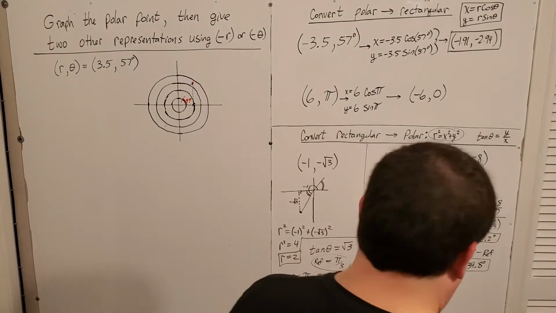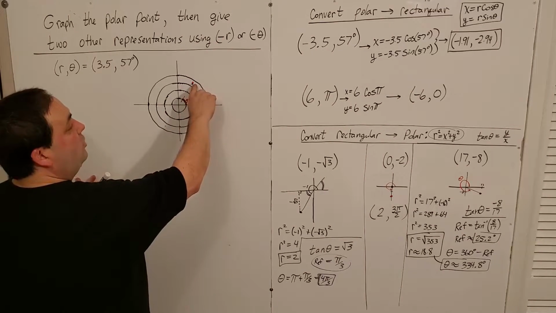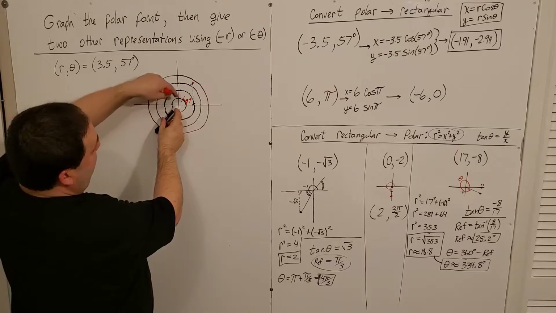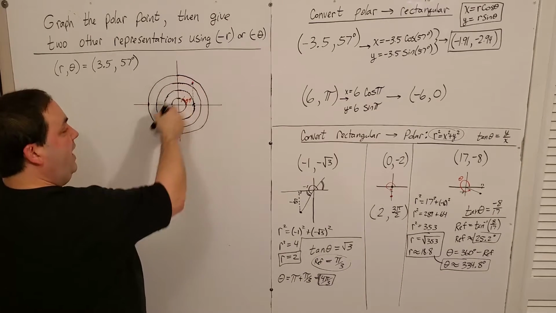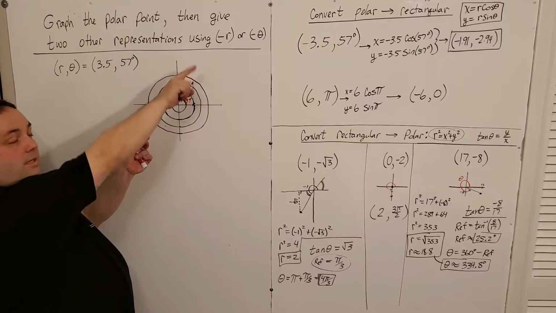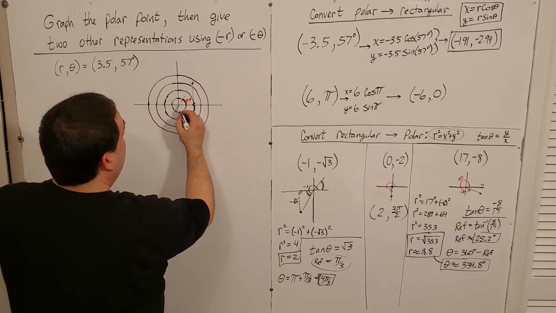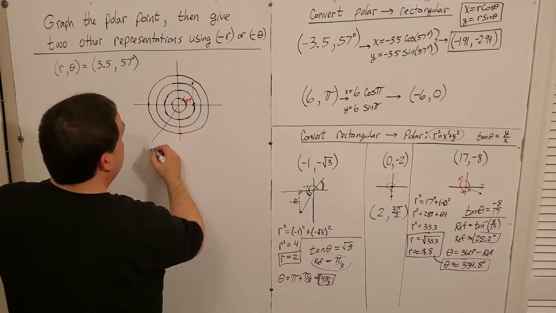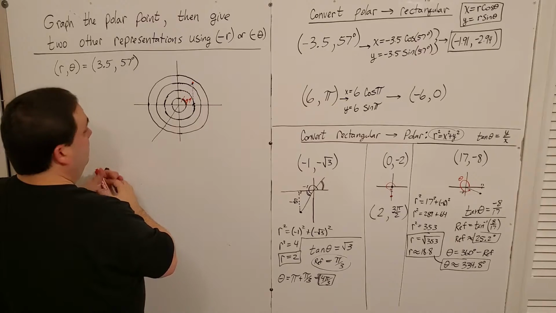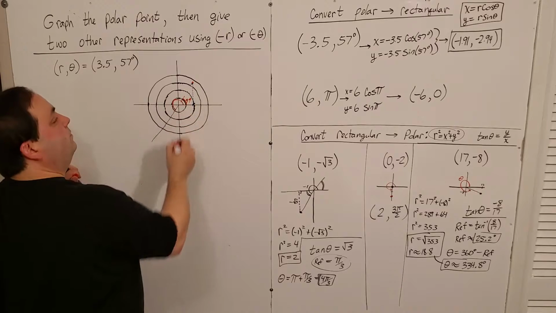Okay, so to do a negative r and still land on this location means that I have to get theta pointing in this other direction. I have to let theta point this way so that my r will go opposite, fight against it. So if my theta is going to point this way, then I need a line somewhere out here, like this, and I'm going to need my theta to rotate all the way around to this line here.